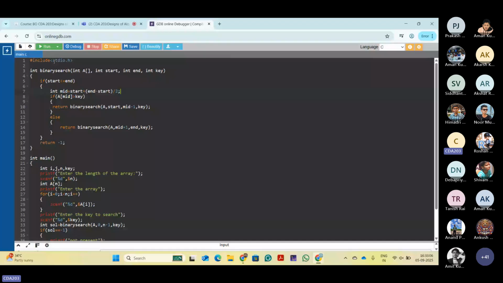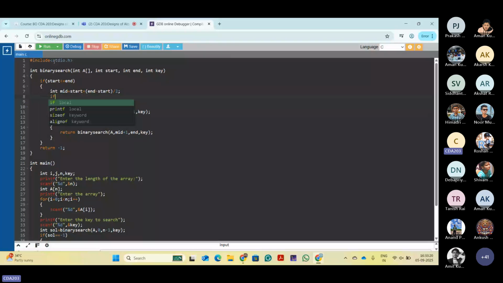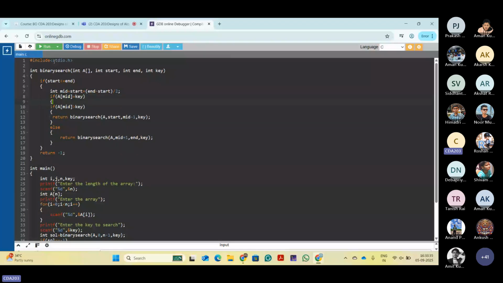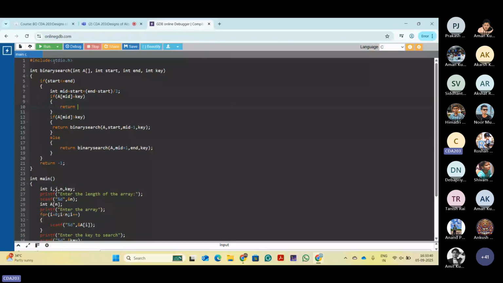It should be returning the value, missed.